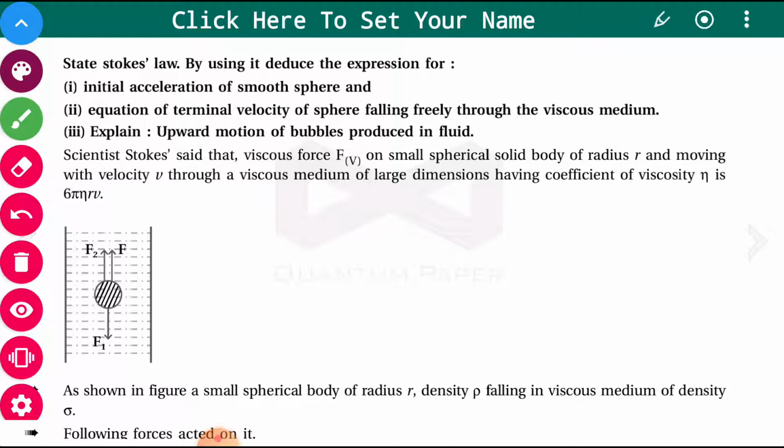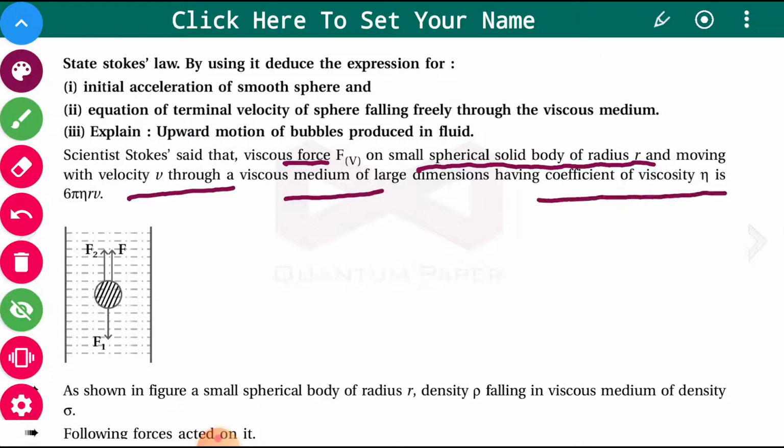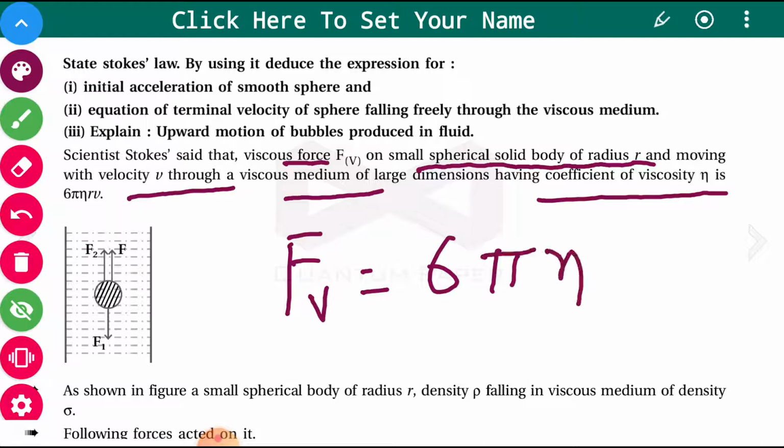Now see, Stokes is the name of a scientist, and he said that the viscous force Fv on a small spherical solid body of radius r, moving with velocity v through a viscous medium of large dimension having coefficient of viscosity eta, is 6 pi eta r v. So this is the equation of Stokes' law.